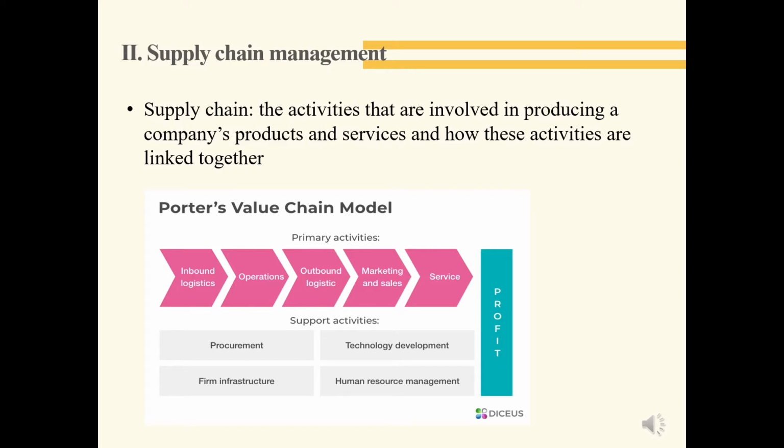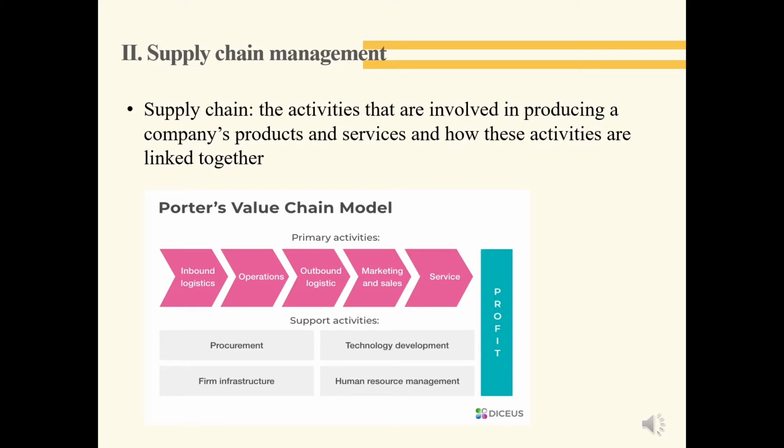Here is an image of the value chain model according to Porter, and we have primary activities and support activities.